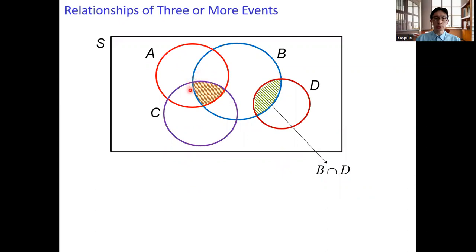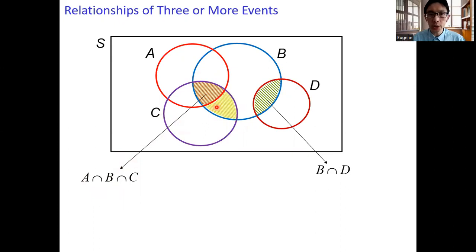The region in the middle of circles A, B, and C. Here this region consists of sample points in event A, event B, and event C, but outside event D. So the corresponding notation would be the intersection of A, B, and C, and the complement of event D. But we can write it as the intersection of A, B, and C, as shown on the slide.